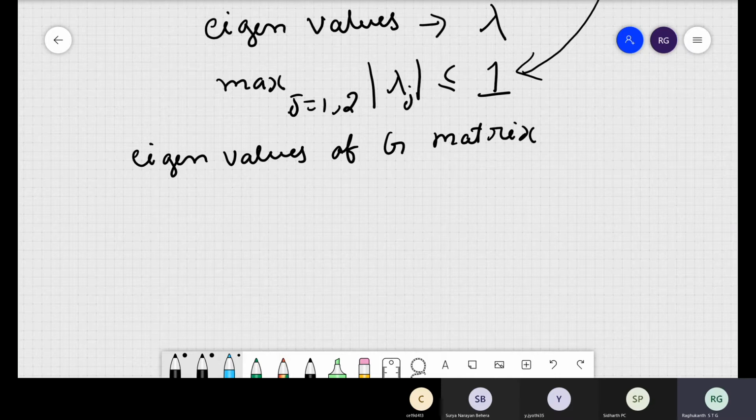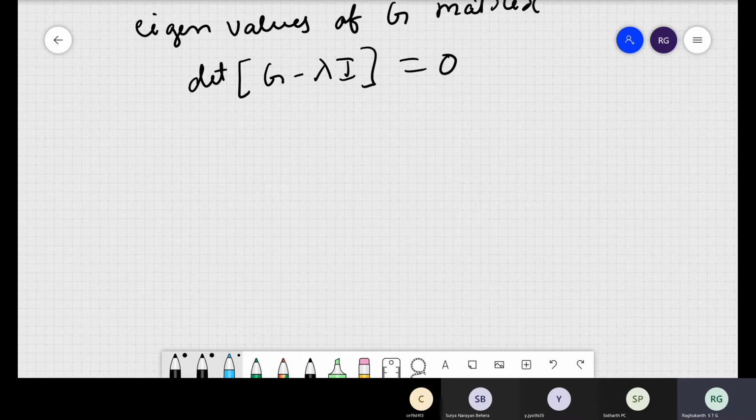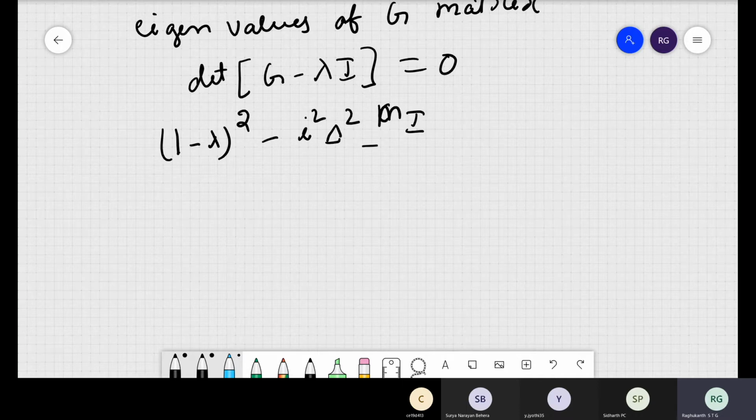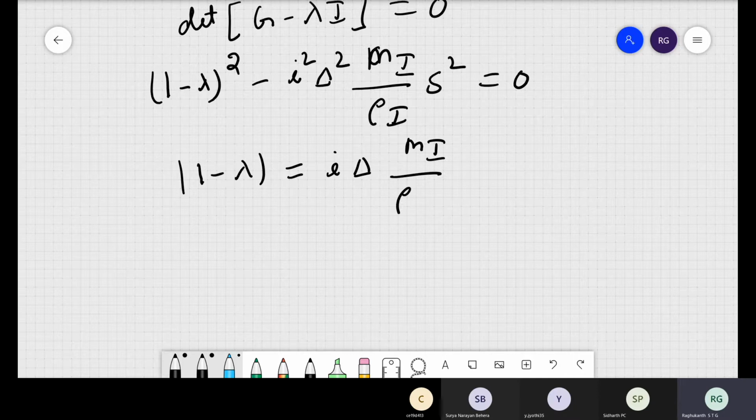Now how do you find out eigenvalues? All of you know, right? You take a determinant, you remember, no? G minus lambda times the identity matrix, and this has to be 0, all those things. I will not go into the details. If you find the eigenvalues of that matrix, you get the expression with 1 minus lambda, which turns out to be i delta t by h times the square root of mu by rho to the power of half, times sine kh.